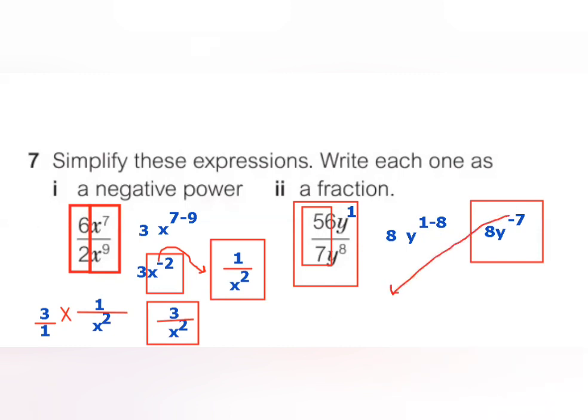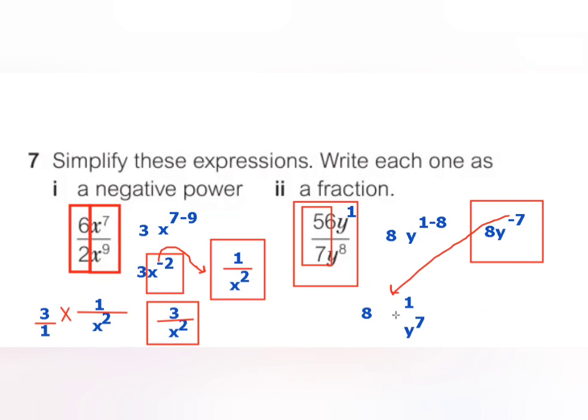So here we have 8, and the 8 is multiplied by 1 on top, the numerator, and then the denominator will be y power of 7. Focus on the steps of turning a negative power into a fraction.